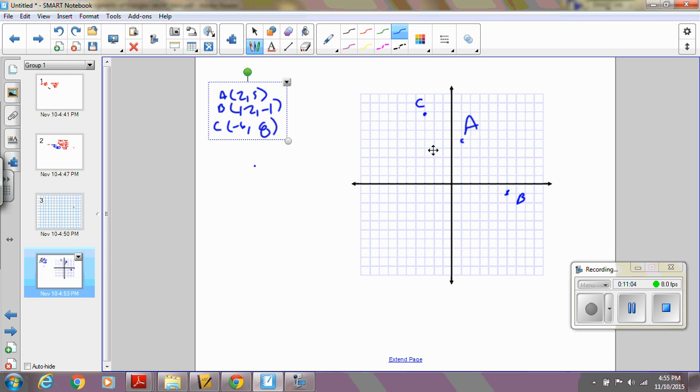So let's see. This is a very narrow triangle. 12, negative 1 is B, 2, 5, and negative 6, 8. It's very narrow.